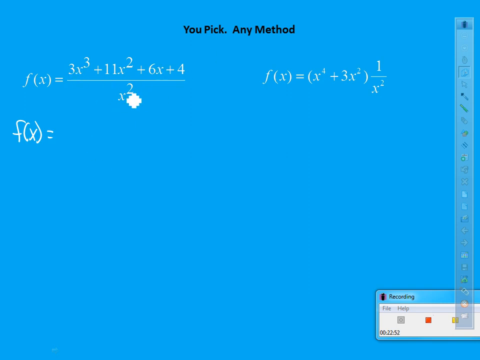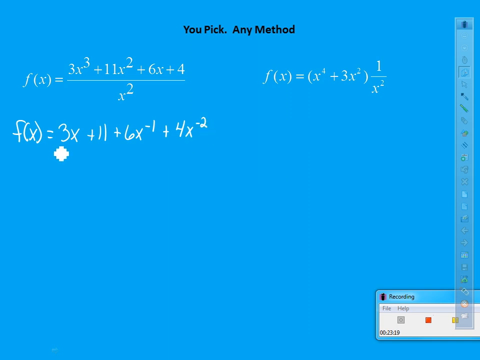So 3x cubed over x squared is really 3x. 11x squared over x squared is 11. 6x over x squared is really 6x to the negative 1. So I've got plus 6x to the negative 1 because I subtracted my exponents, plus not 4 over x squared, but 4x to the negative 2.